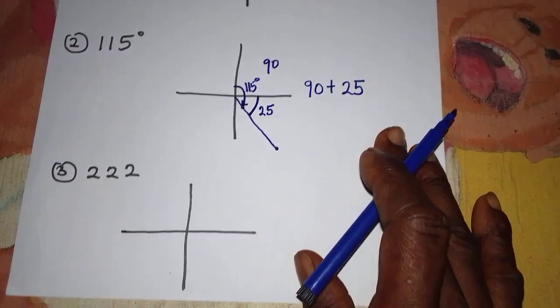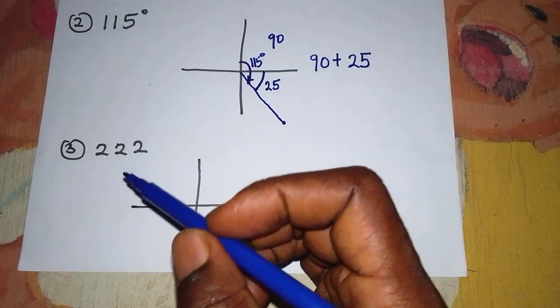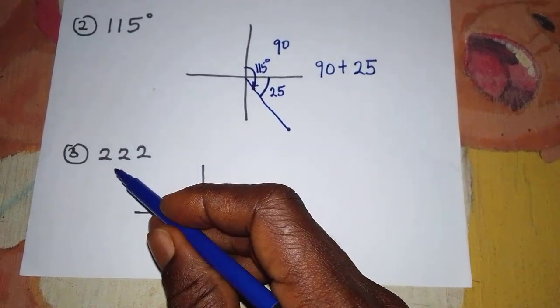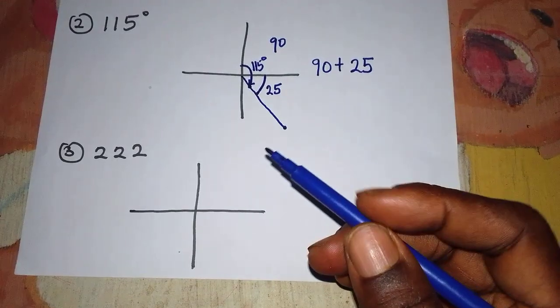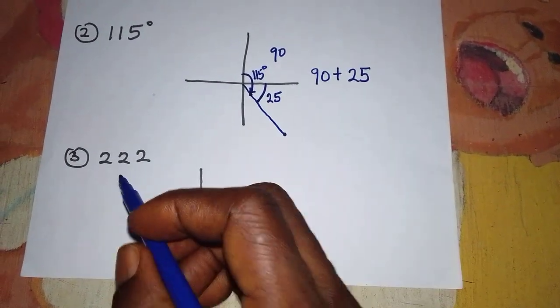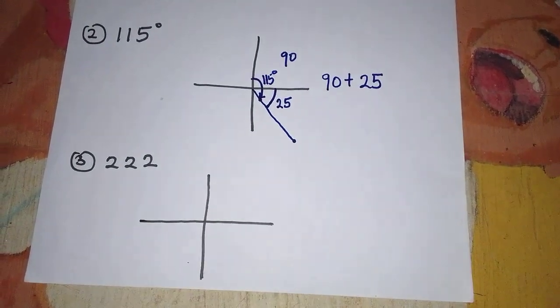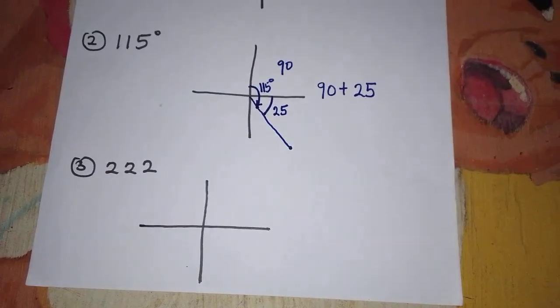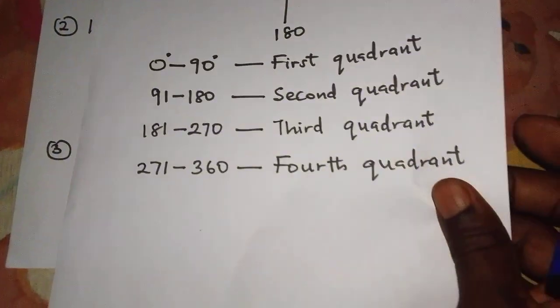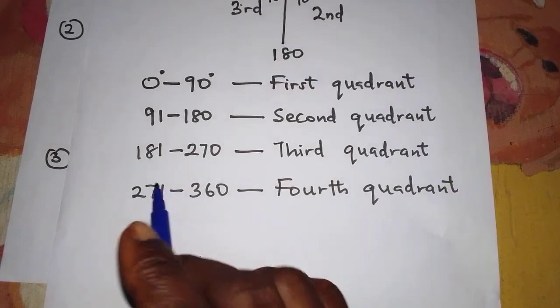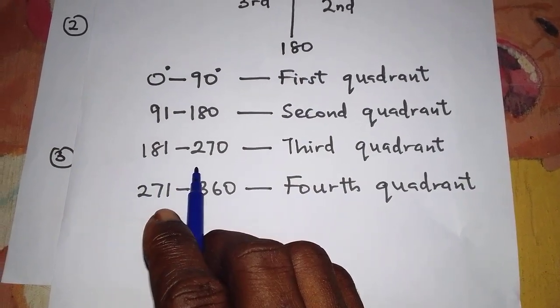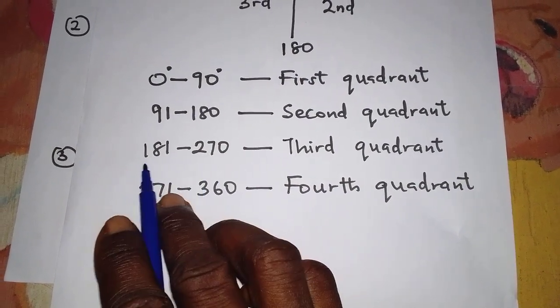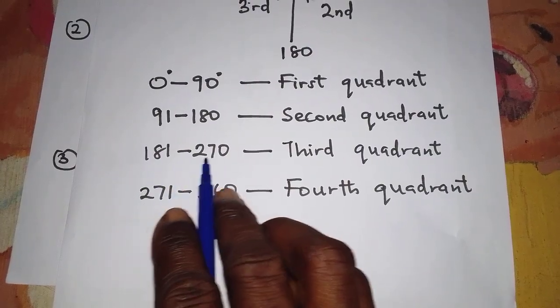Now let's look at this other question. We're having angle 222 degrees. 222 degrees should be in which of the quadrants? We said that in the third quadrant, the angle is between 181 to 270. So 222 falls within this range.